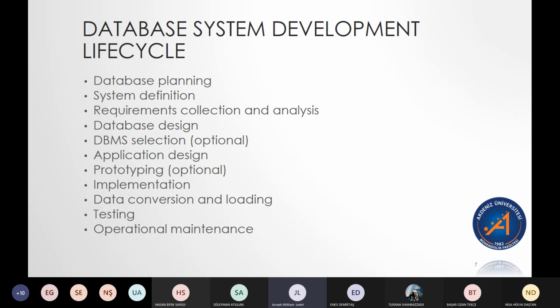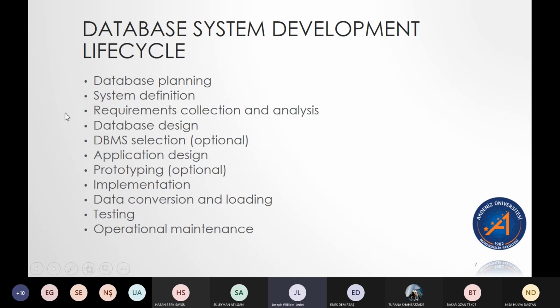This is where we left off. An overview of the life cycle of database system development. As I said yesterday, if you take this word database out and just say system, this really is a system development life cycle. This is a general idea for any system.